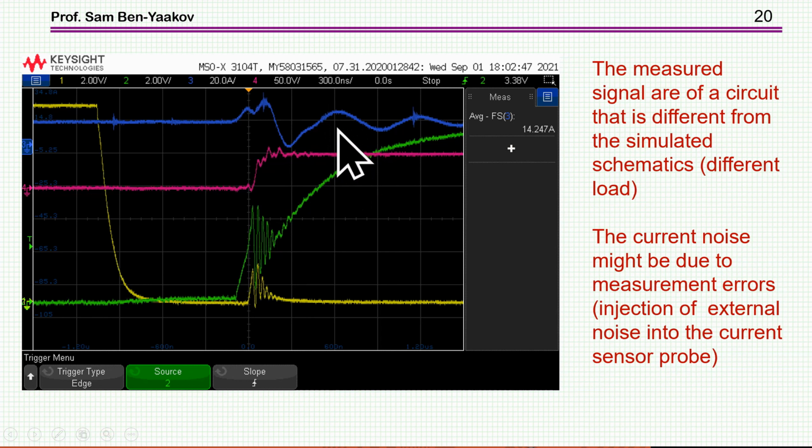The current was measured with a probe. Now the probe is prone to interferences, to noise injected from outside into the opening of the probe. So therefore, some of this could be just measurement error, not actual current that you measure, but rather something which has been injected as a measurement error.